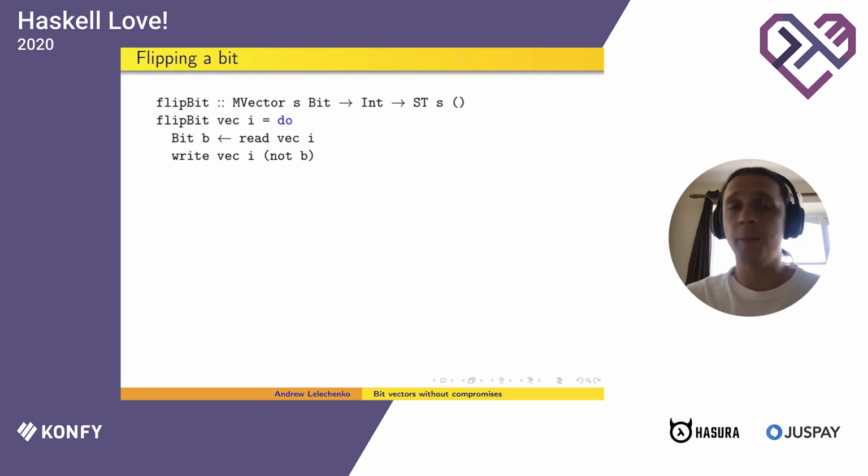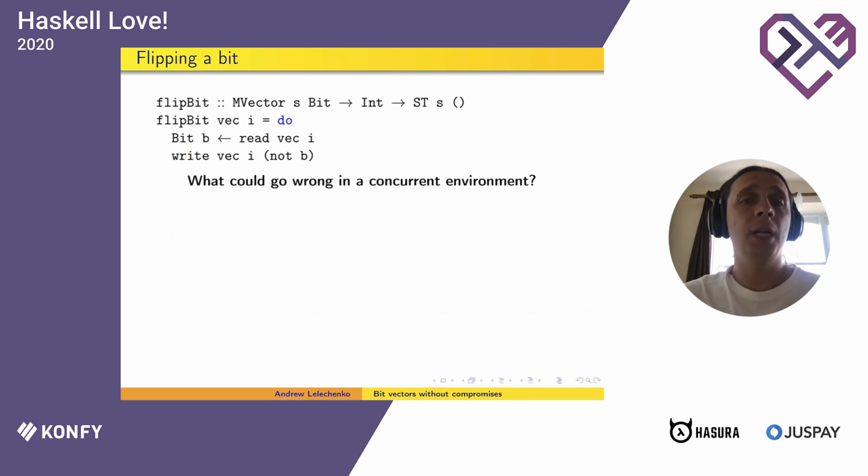And we can implement it just by read and write. We already have read and write, but again, it's completely wrong in a concurrent environment, because, for example, if I run 2 flip bits for the same position in the vector, I expect that the vector will eventually be unchanged because flip and flip is id. But if they are executed in a concurrent fashion, I may end up with that bit flipped.